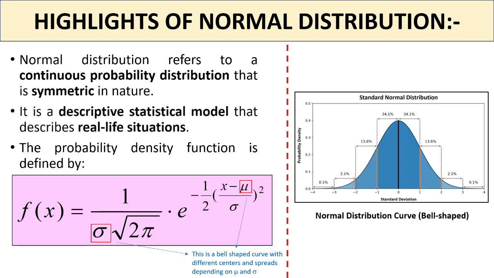If your bell shape is like this, it means the data is normally distributed without any skewness. But if the data is positively skewed, then your tail will be on the right-hand side, either a right tail or a left tail. Most importantly, based on this normal distribution, we classify any kind of data as normally distributed or non-normally distributed.